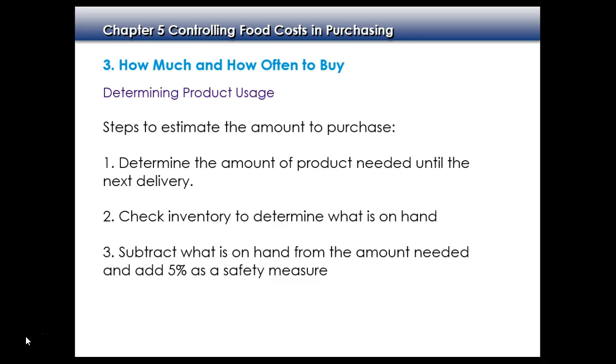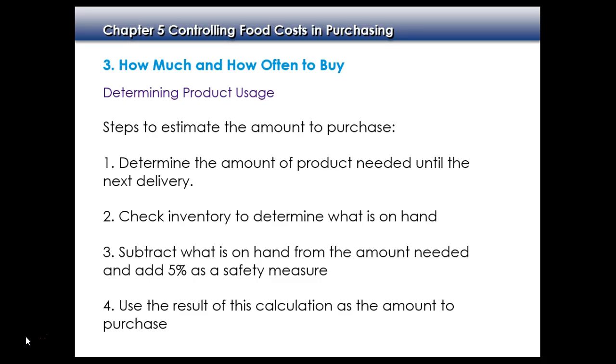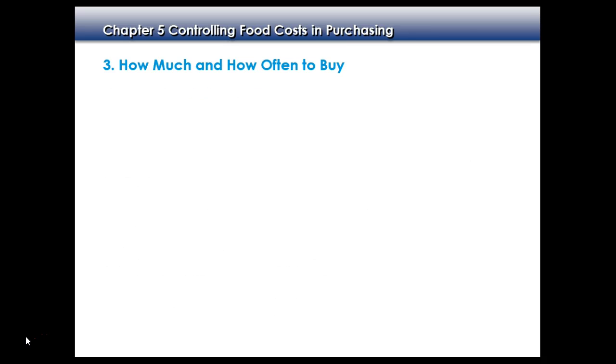And the book does specify adding a 5% safety measure. As you go on, you'll find what fits best for your establishment. 5% might be too much, maybe for those perishable things it might be too much. Use this result as the calculation for the amount to purchase.